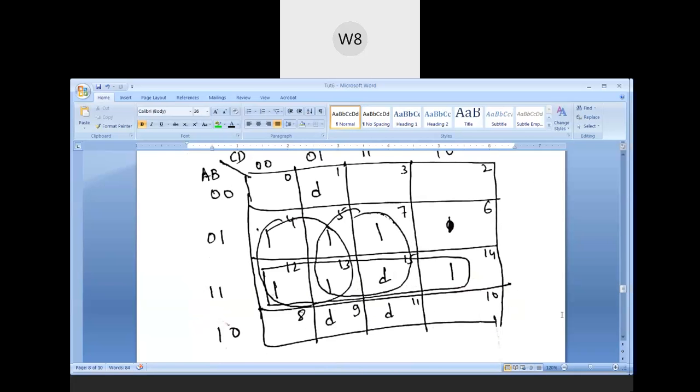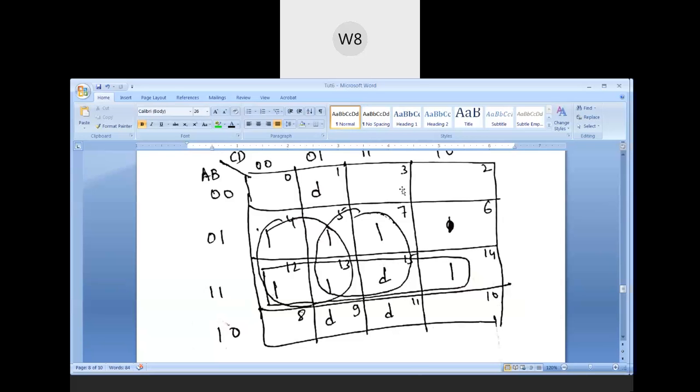Once we fill the Karnaugh map, we again try to form the groupings, but this time we will also include D in the group if it enlarges our group and minimizes more variables.